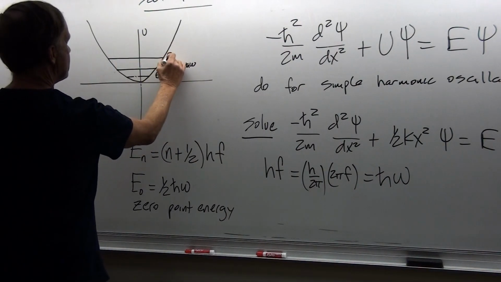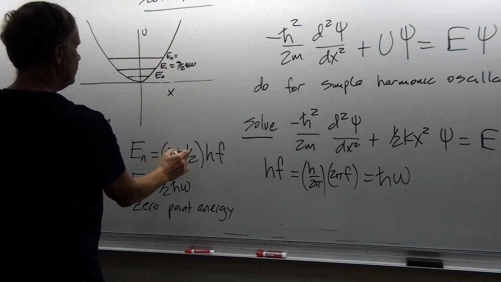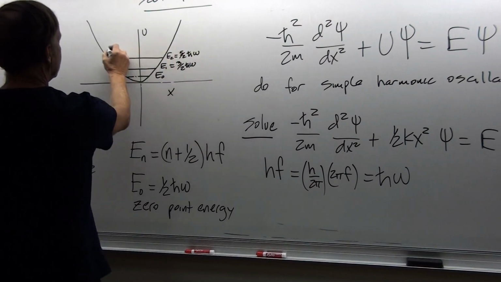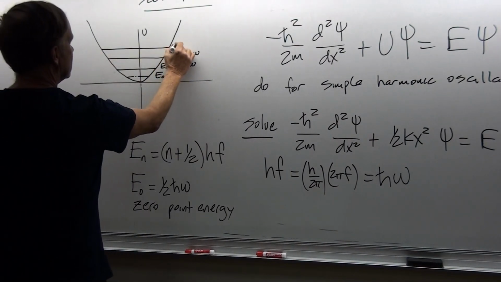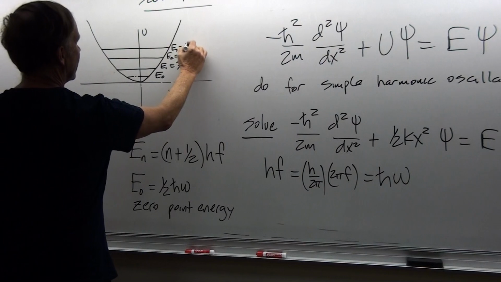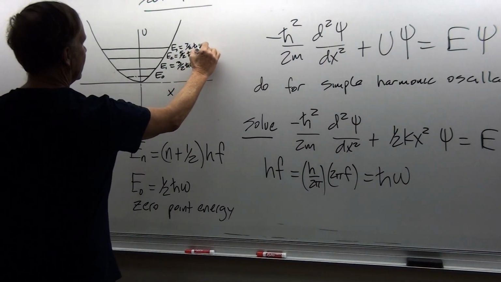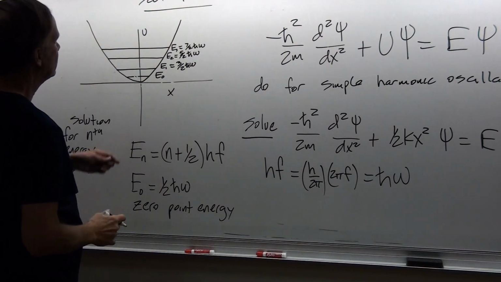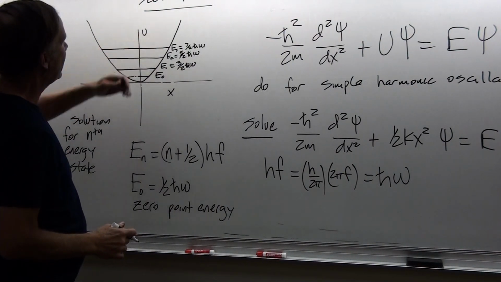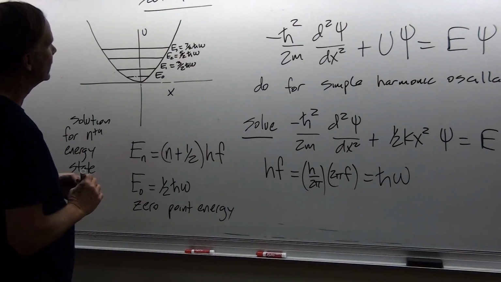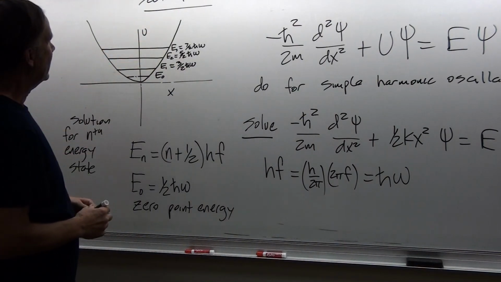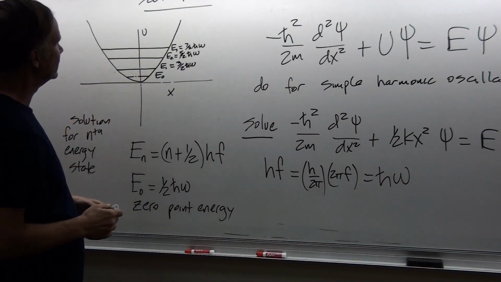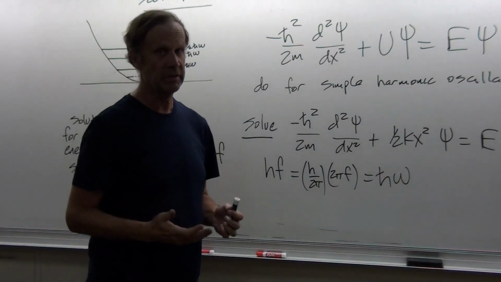E2 would be 2 plus 1/2, or 5/2 h bar omega. E3 would be 7/2 h bar omega. And each time that we elevate the energy by one value of the quantum number, we get a discrete energy that can exist, but nothing can exist in between.